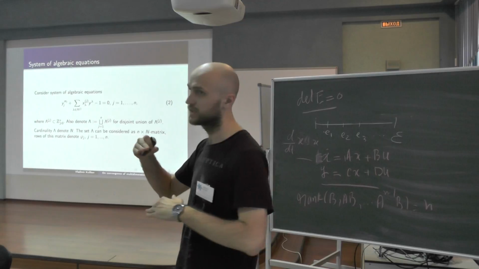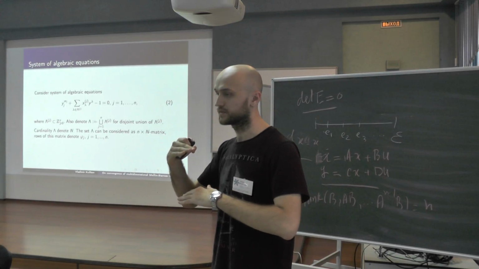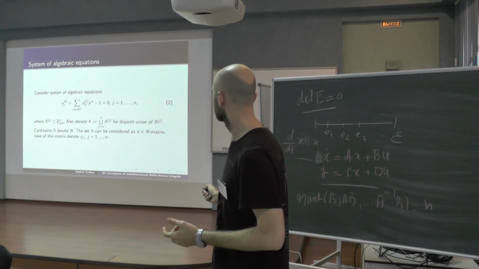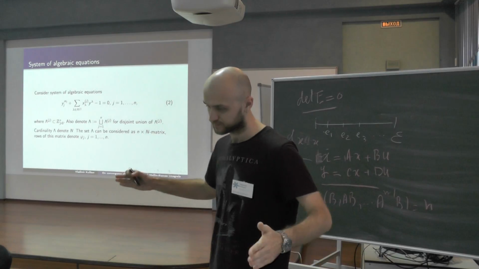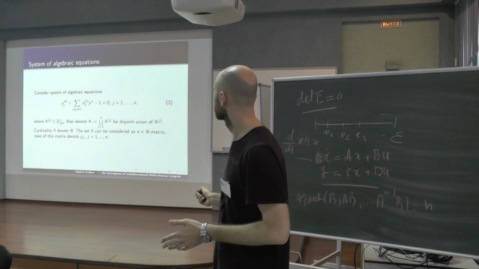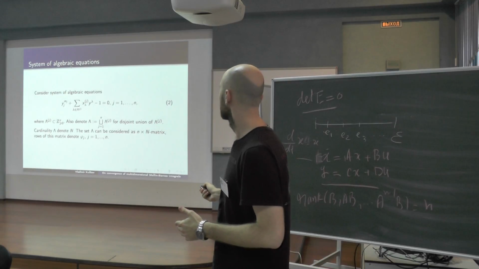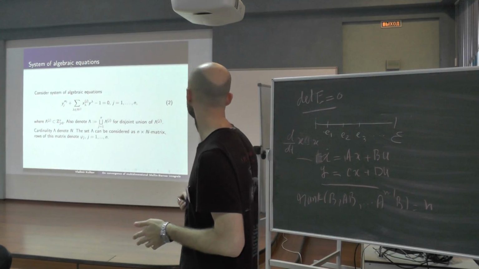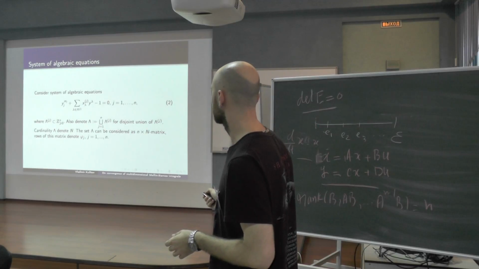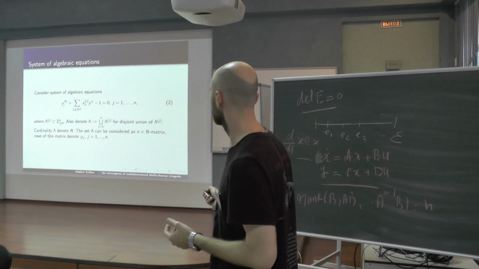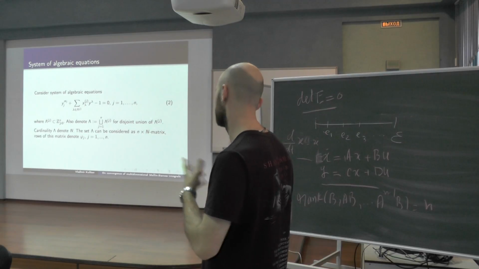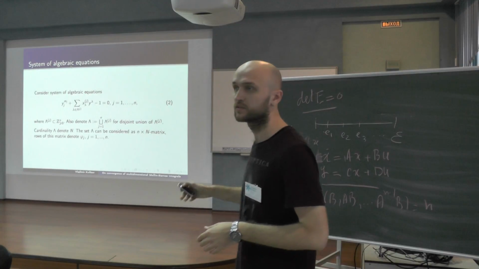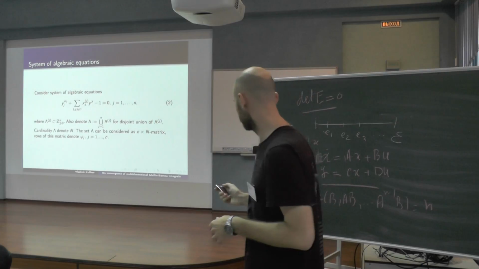Because in different equations we may have the same exponents lambda, we want that in lambda we have different copies of this vector lambda. The cardinality of lambda denotes n, and the set lambda can be considered as an n times N matrix. Columns of this matrix are exponents lambda, and rows of this matrix we denote phi g.